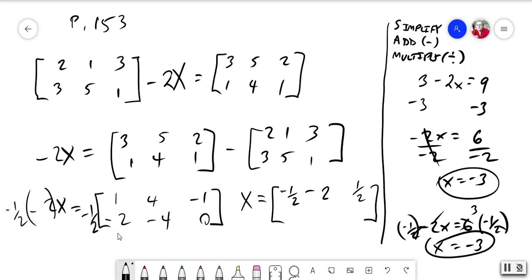Negative 1/2 times negative 2, they cancel out, give 1, positive. Negative 1/2 times negative 4, half of 4 is 2, and the negative times a negative is a positive, so they cancel out and give 2. And then finally, negative 1/2 times 0 is 0, of course. So this here is your grand finale. That is your answer.